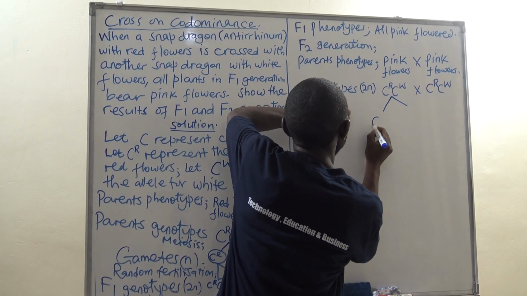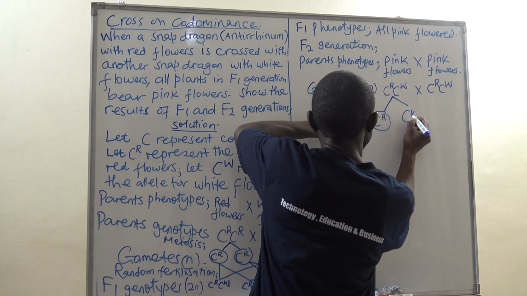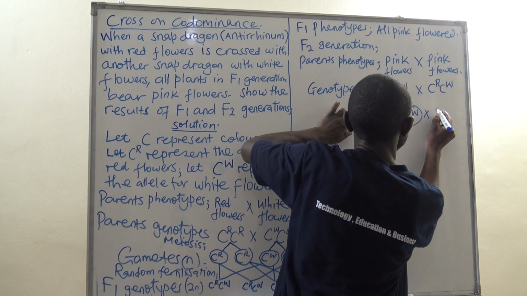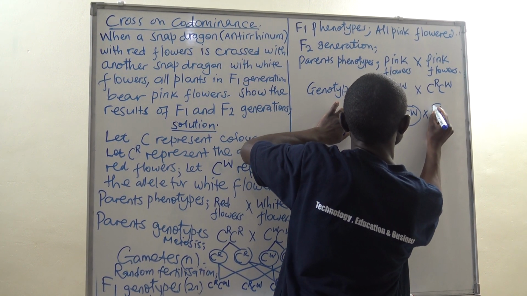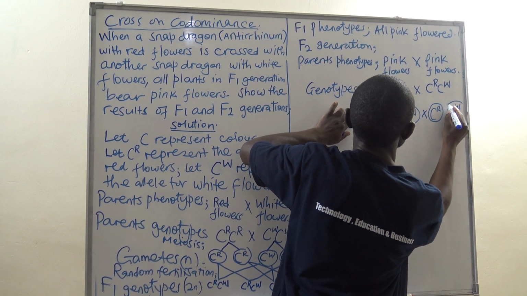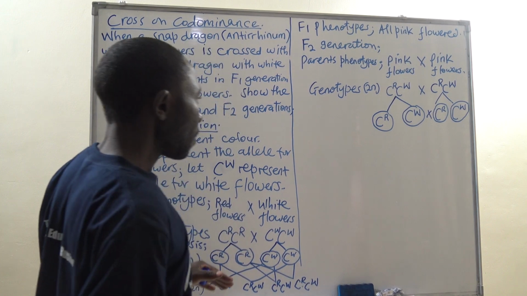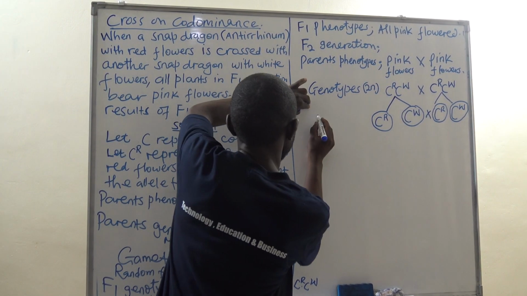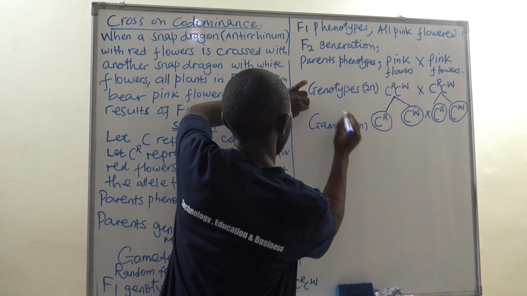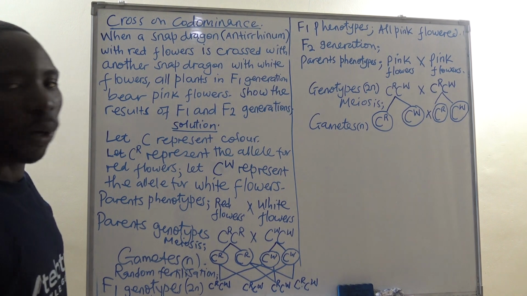We form C^R in a circle and C^W in a circle, crossed with C^R and C^W after segregation of the genes. Each of these is carried in a single gamete, which is haploid.